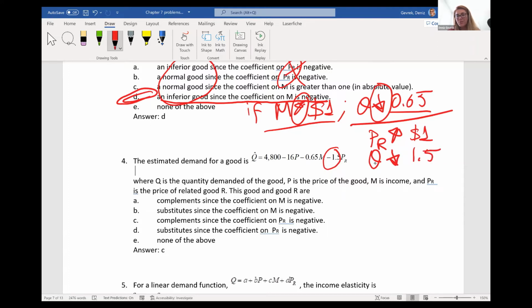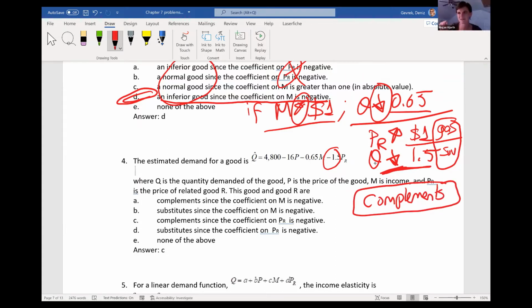Something else got more expensive, now people are consuming less of these. So these two goods are related, like gasoline and, let's say, SUVs. Price of related good went up, people are consuming less of the good in question. So these are what we call complements, things that go together.